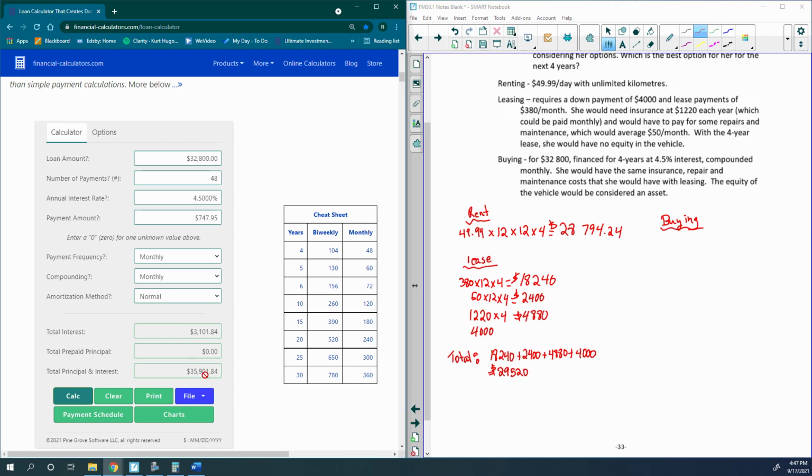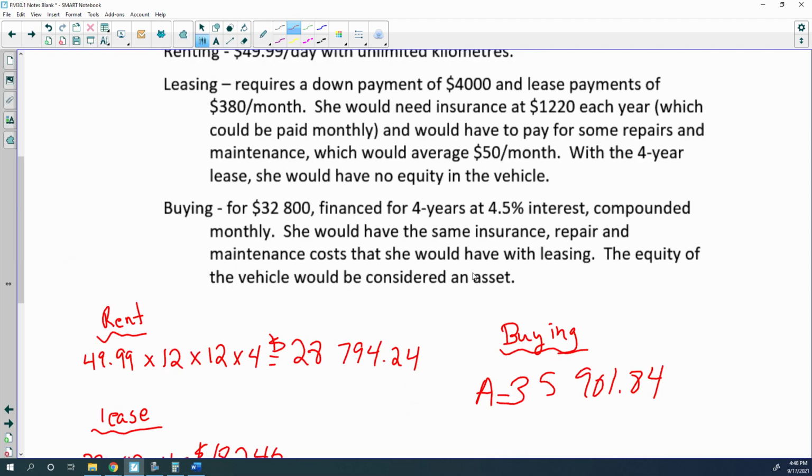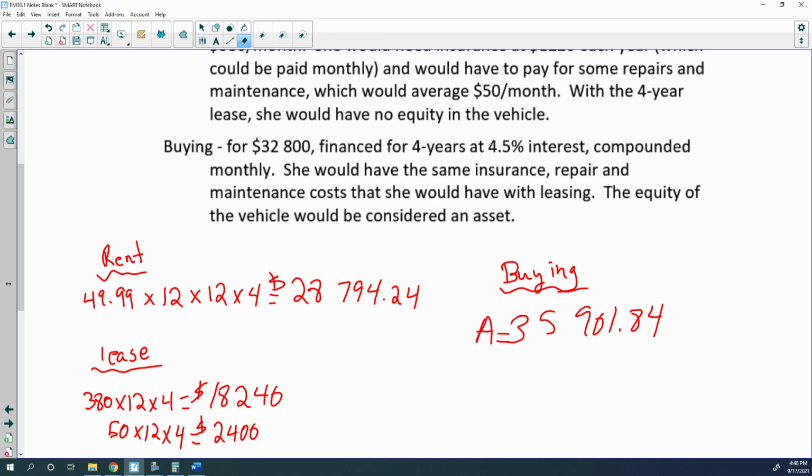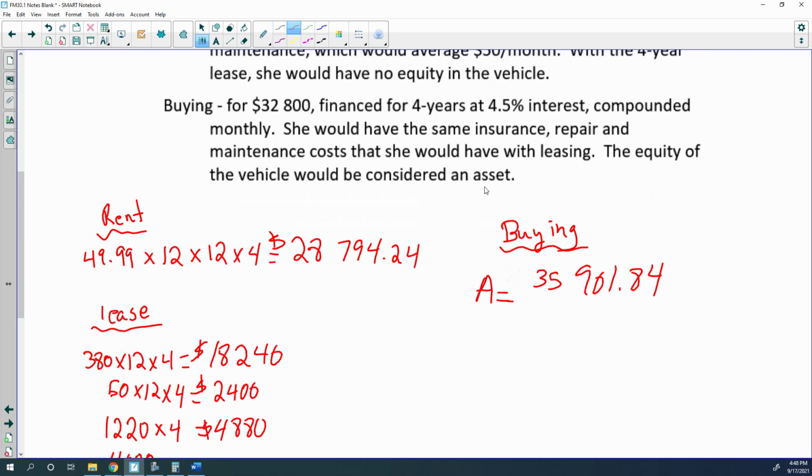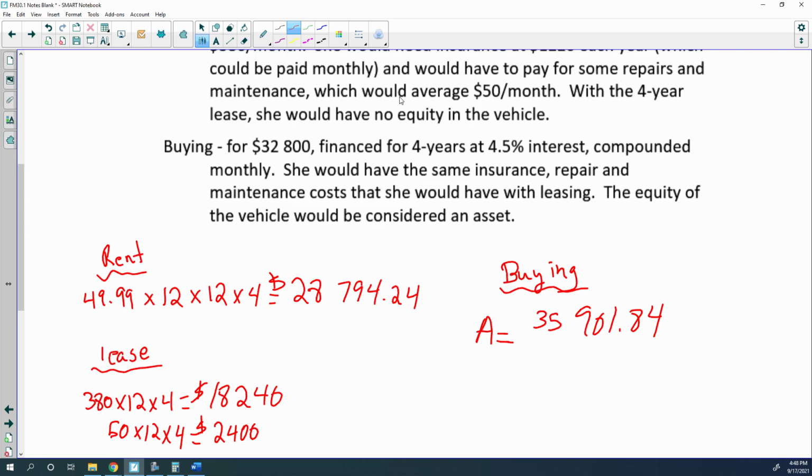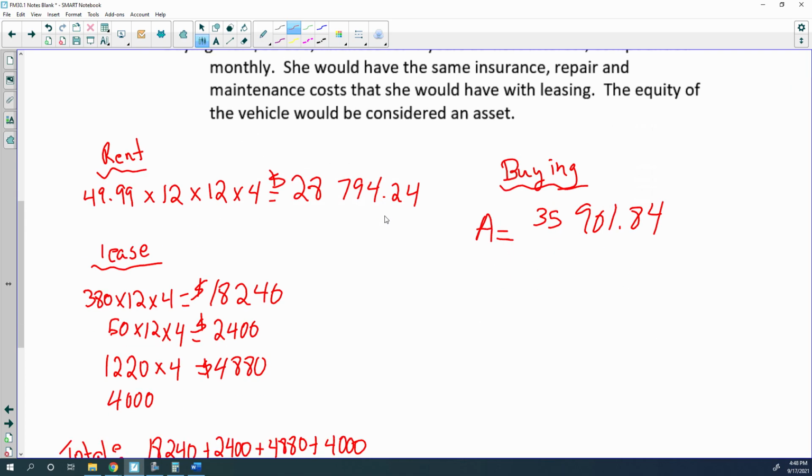So it's $35,901.84. So pay is equal to $35,901.84. So that's all we need that for. I'll make it bigger so we can see. Okay. And so then on top of that, we have the maintenance fees.